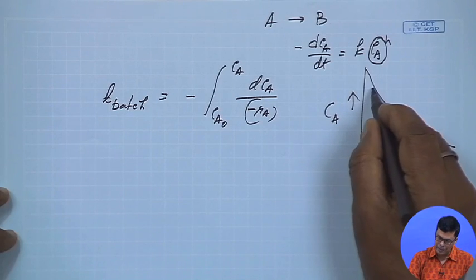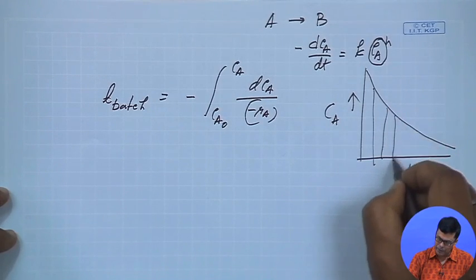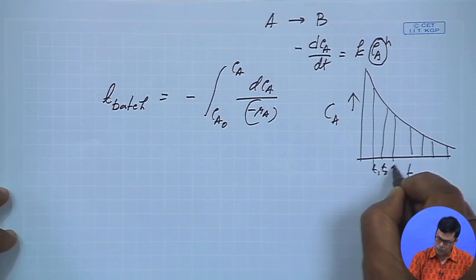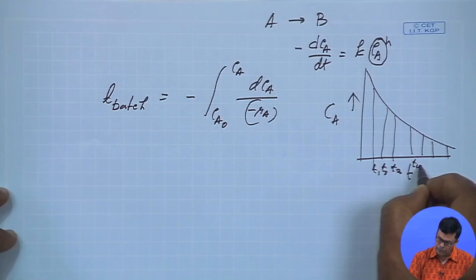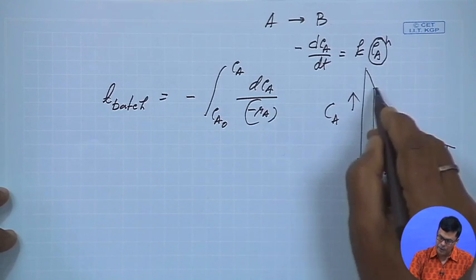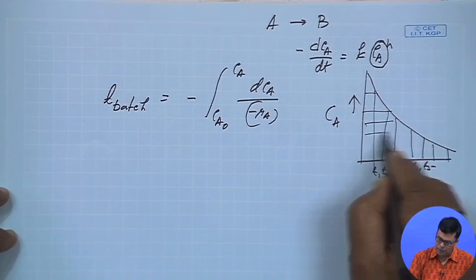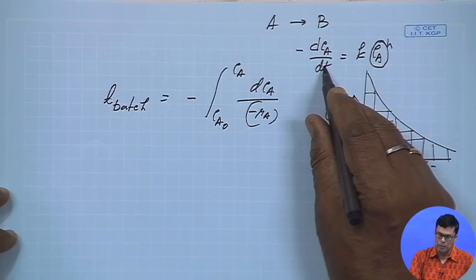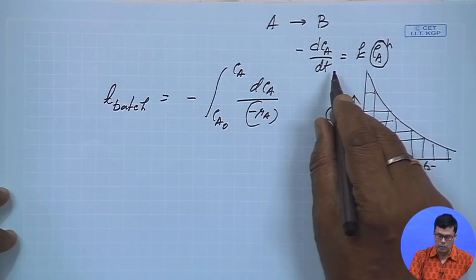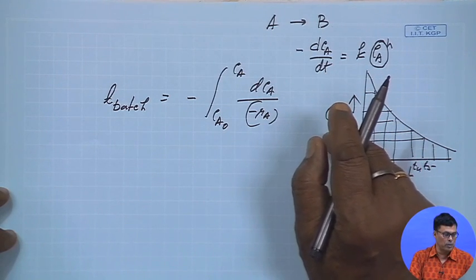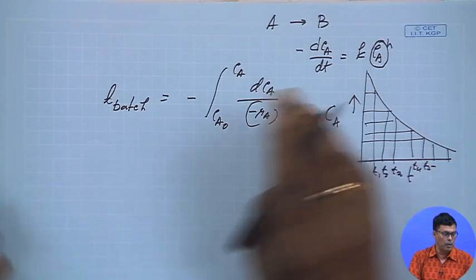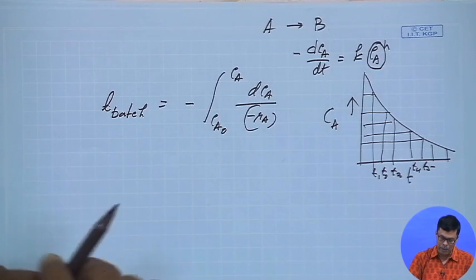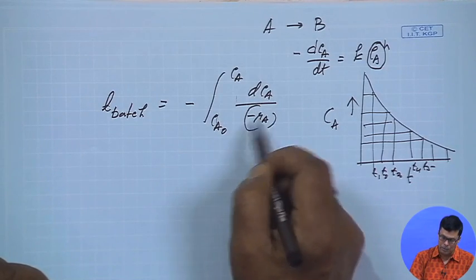So, as time passes, you can see at different times, this is T1, T2, T3, T4, T5, you have different substrate concentrations, and since the concentration is different, the rate of reaction will be different. The rate of reaction will not be constant, and that is why we have the integration sign here.